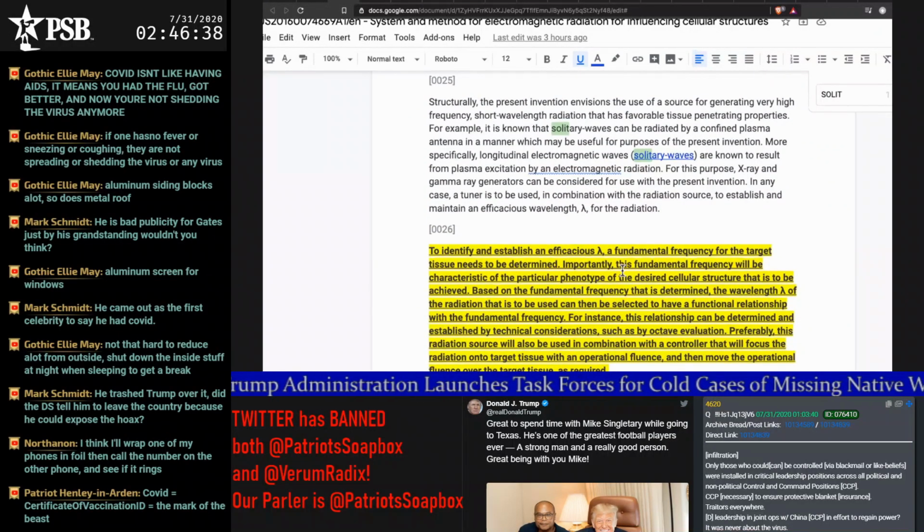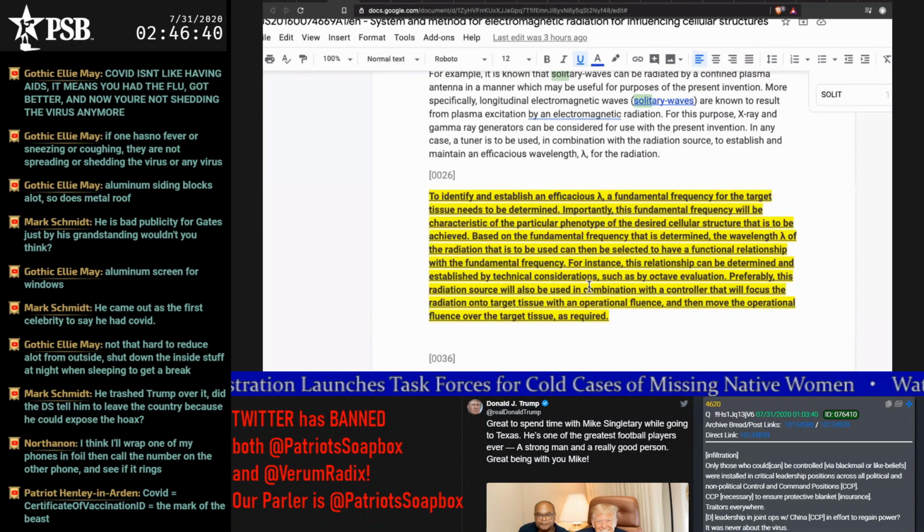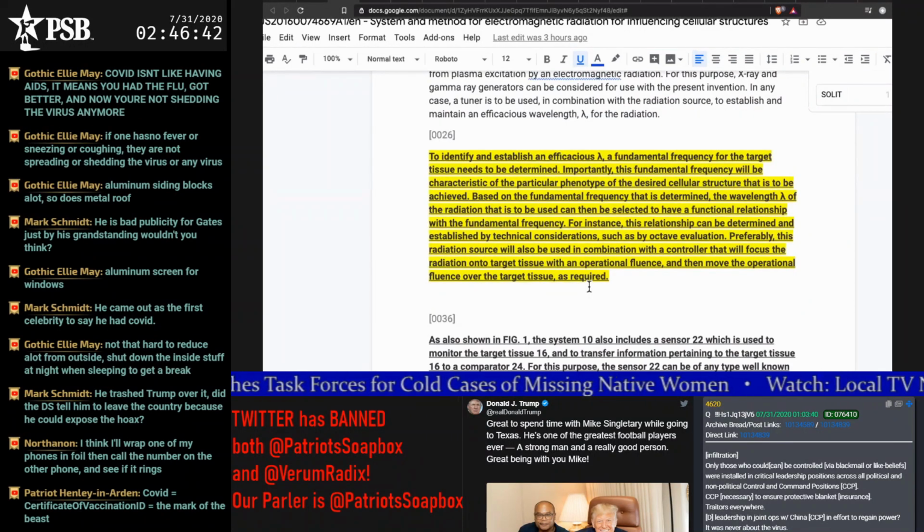So it says here, to identify and establish an efficacious and fundamental frequency for target tissue, it needs to be determined, right? So importantly, a fundamental frequency will be characteristic of a particular phenotype of a desired cell. That means that if you have a cell or a cell structure, if it's expressing itself one way versus another, if it's healthy versus unhealthy, it's going to have a different fundamental frequency.